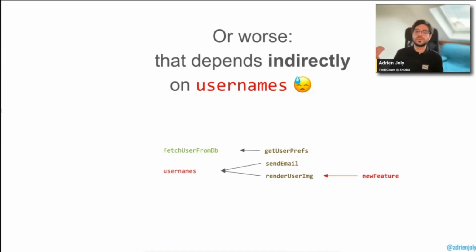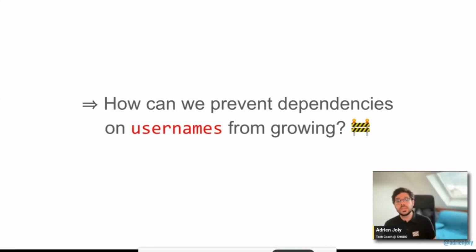For example, if you call a function that calls the legacy system, that's an indirect dependency on that system. So it's also causing the legacy to be more relied upon, which is counterproductive compared to our project of decommissioning it. So how can we prevent dependencies on that caching module from growing over time while we are decommissioning it?